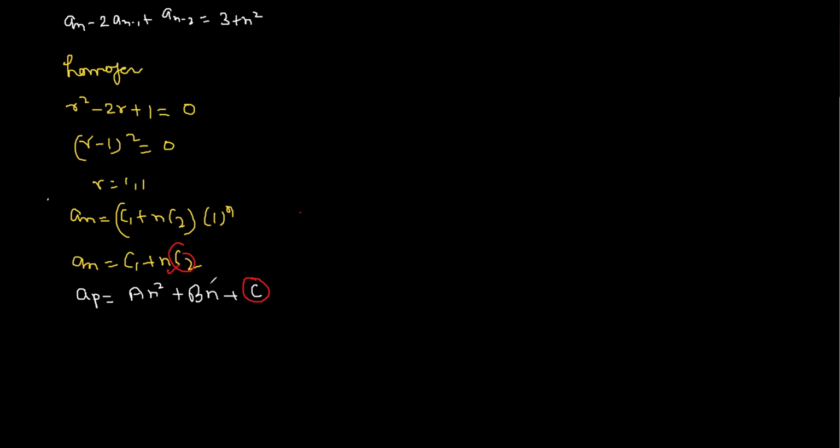So here is n and here is n. Understood? You are getting an equation in this form, n plus b. In this and in this. Understood? Okay?